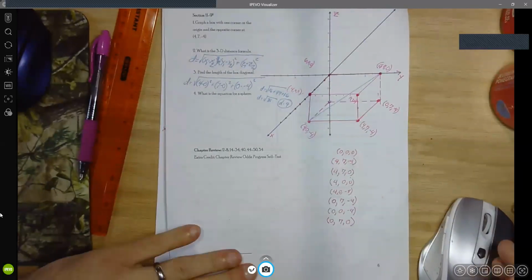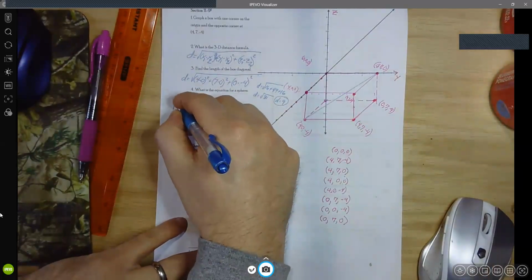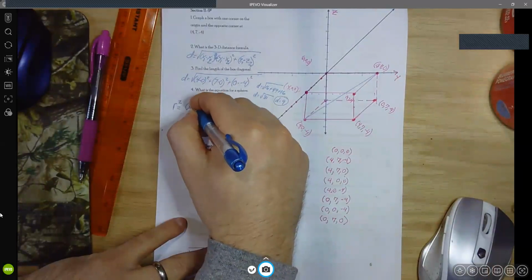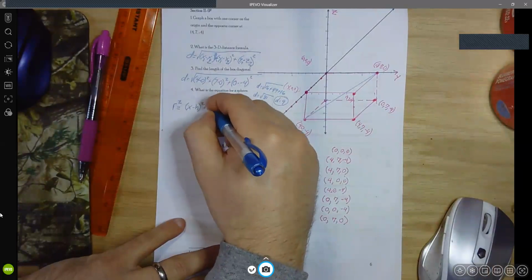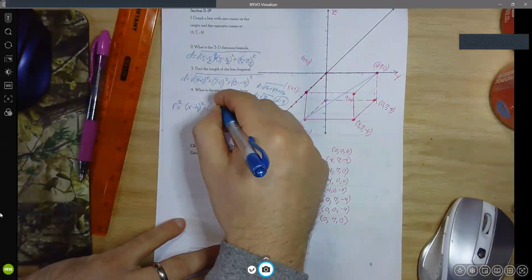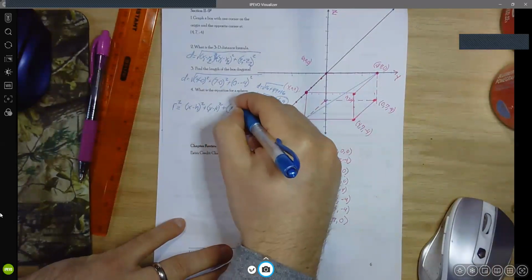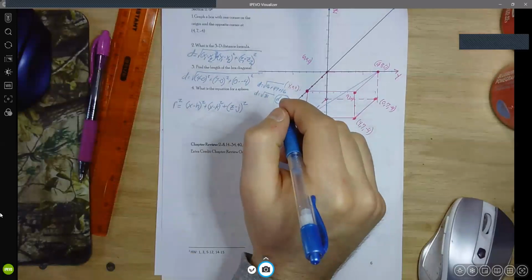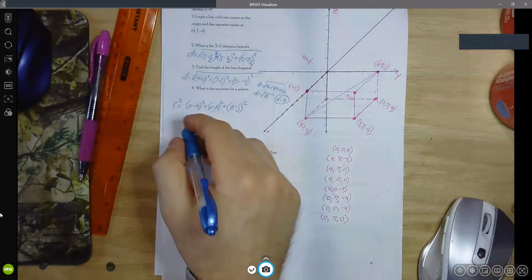So for a sphere, it's the same idea. You're going to have r squared equals x minus h squared plus y minus k squared plus z minus j squared. So there's your equation for a sphere.